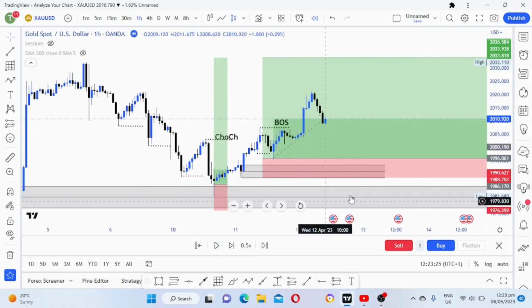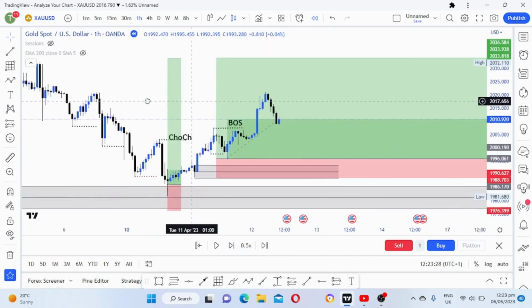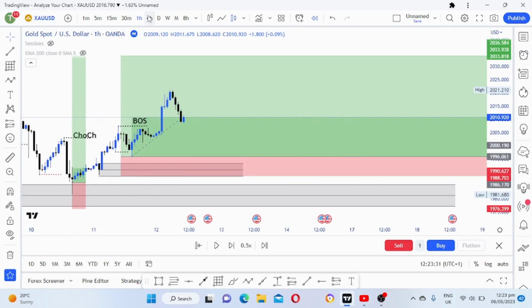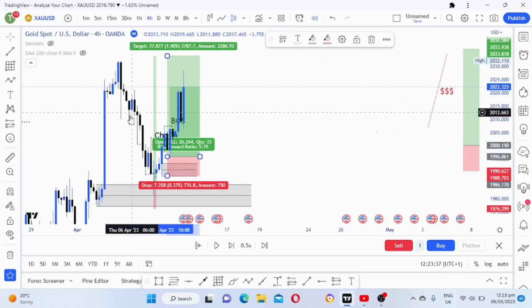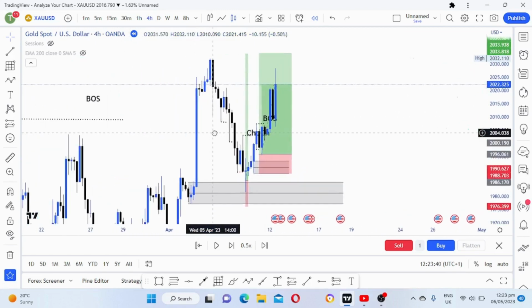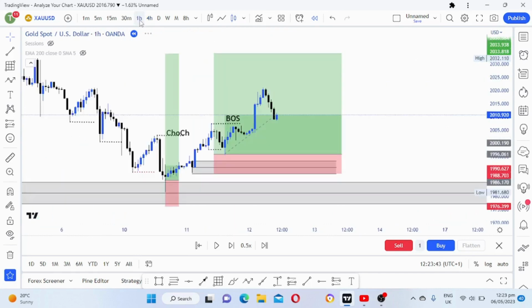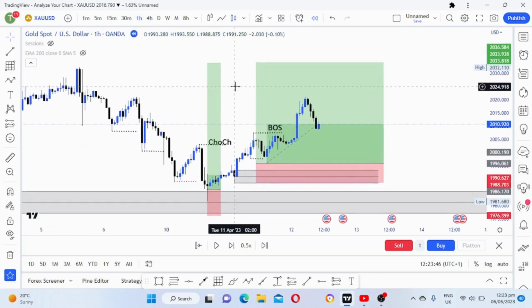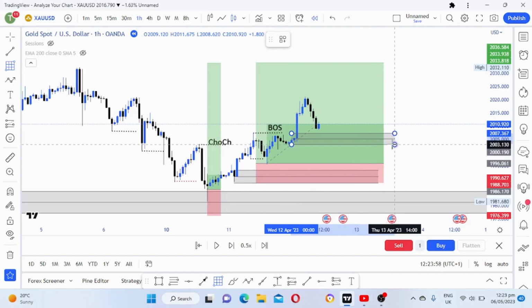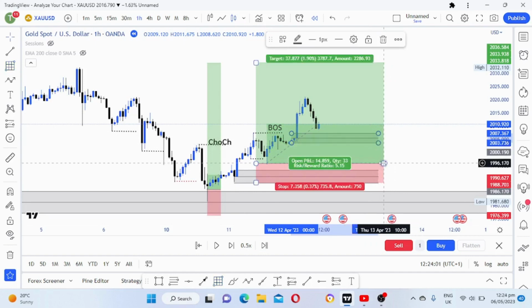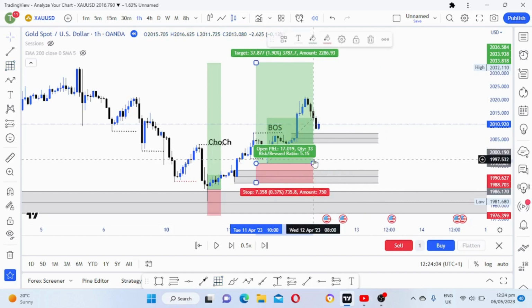Now, if you want to enter again, you draw a zone here, a demand zone here, and then you can take another entry here.